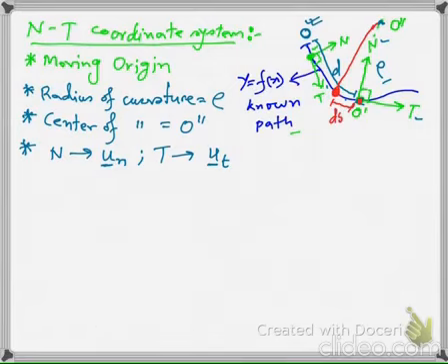Now let's define our velocity. We know it is always tangent to the path, which is in the t direction. So let's define velocity.